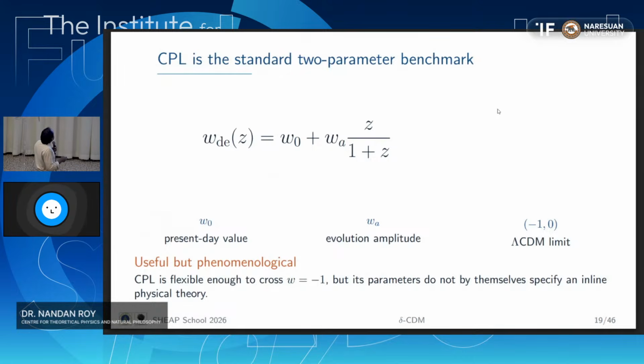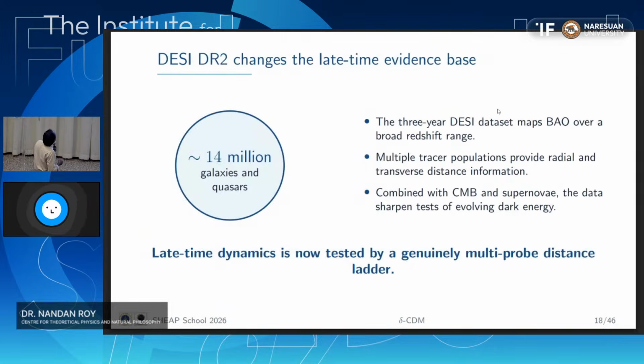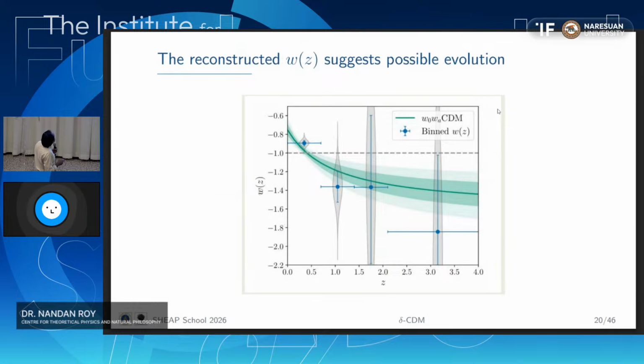When they analyze using this equation of state, they follow a nested kind of approach: flat lambda CDM with curvature, then flat wCDM, and then flat w0 wa, which we call CPL. The result they got is that the equation of state was phantom in the past, and now it has become quintessence, and it crosses at around z equal to 0.5.